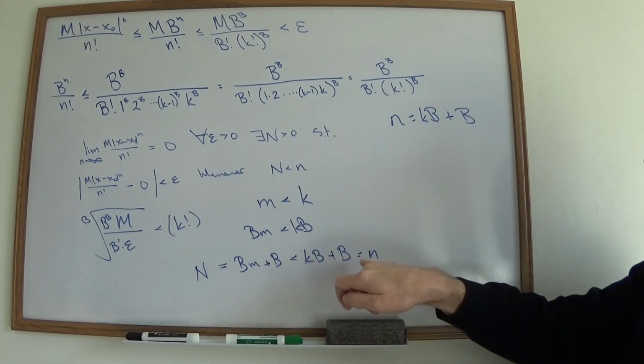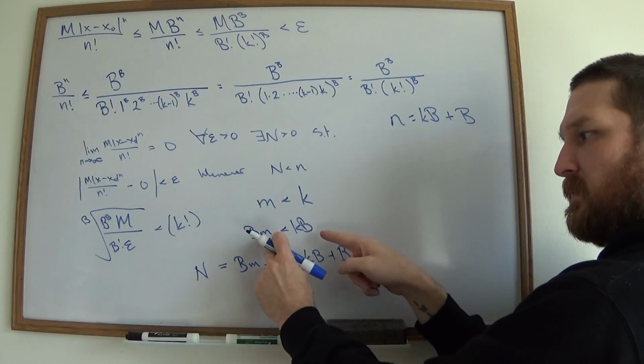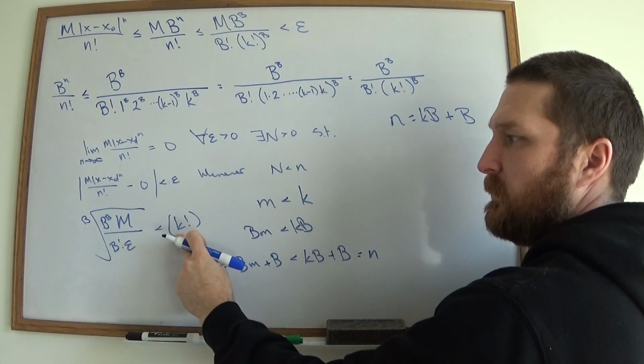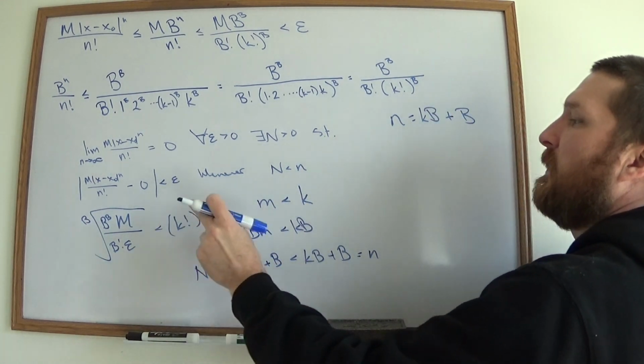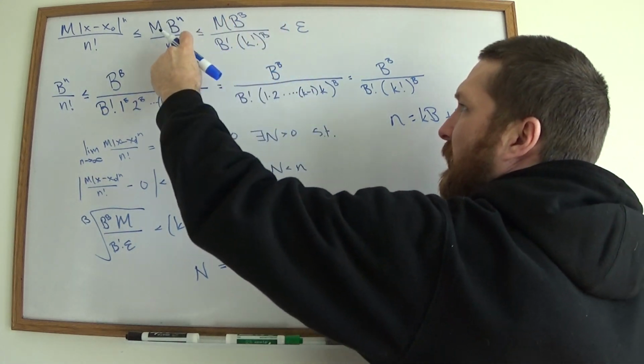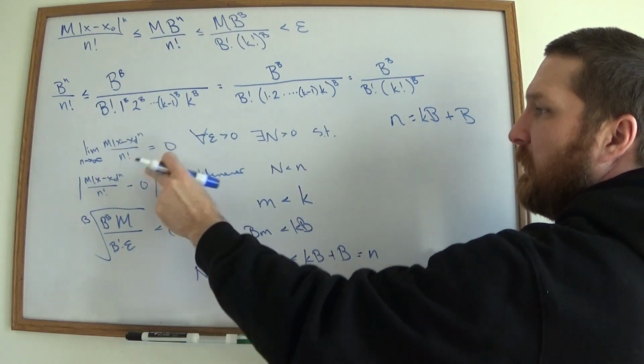And whenever little n is bigger than this big N here, then this will be true, which makes this true, right? And therefore, that's true. And since that's bigger than that, that gives us what we are looking for.